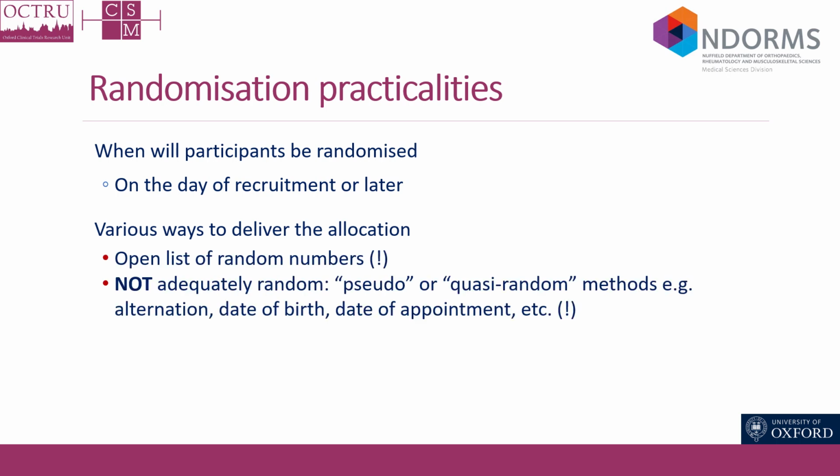So the ones that use a less random approach, for example, deciding to assign group A on an odd date and group B on an even date, or depending on the date of birth of the participant or the date of the appointment, an approach like this can very easily introduce bias as they're not adequately random.